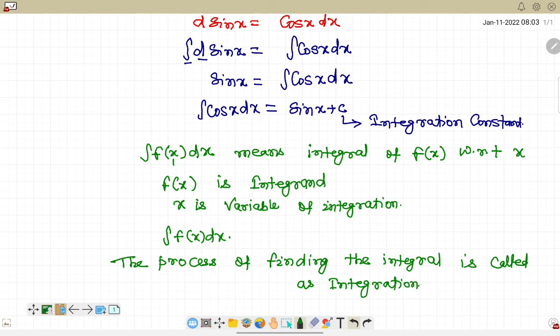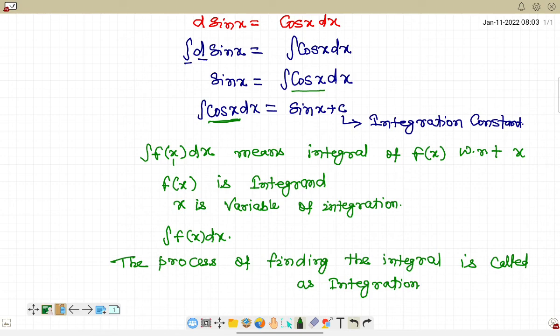So we can take an example. For this example, this x is called the variable of integration, and when we integrate cos x, this complete cos x is called the integrand, f(x). Now this c is called the constant of integration.